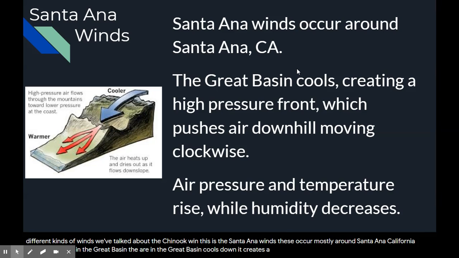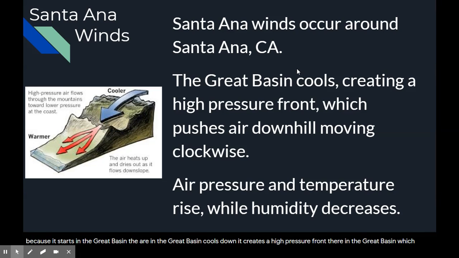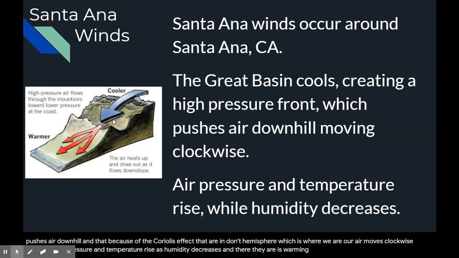It creates a high pressure front there in the Great Basin, which pushes air downhill, and because of the Coriolis effect, that air is moving clockwise in the northern hemisphere, which is where we are. Our air moves clockwise, remember? Air pressure and temperature rise as humidity decreases. And the air is warming up as it's moving down the mountain.